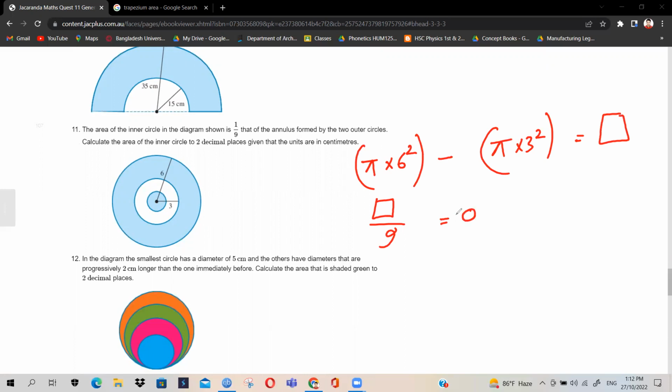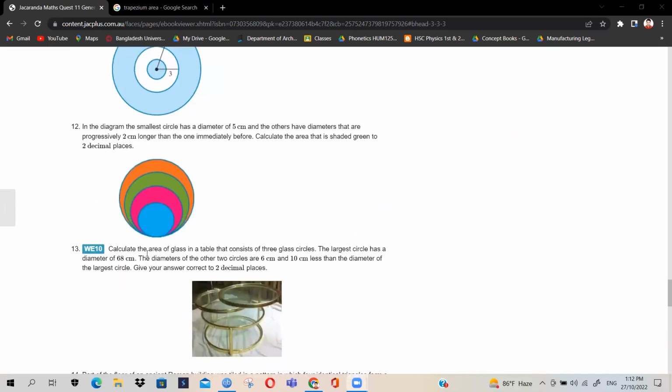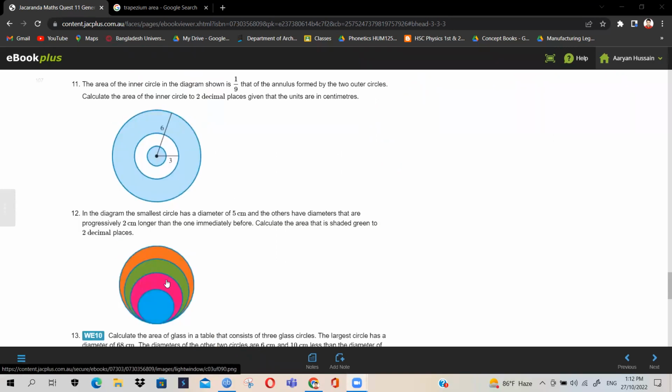In the diagram, the smaller circle has a diameter of 5 centimeters, and the others have diameters that are progressively 2 centimeters longer than the one immediately before. Calculate the area that is shaded green to 2 decimal places. If they wanted the answer for the green, why do they give the orange one?